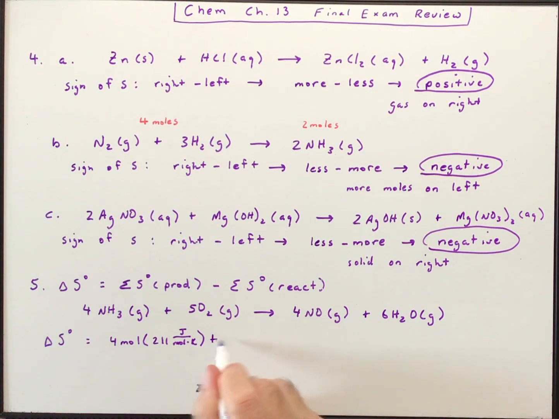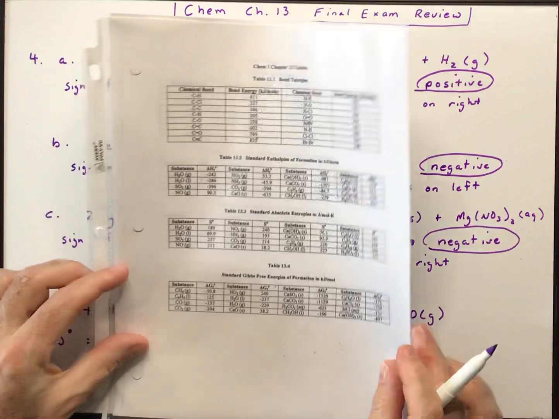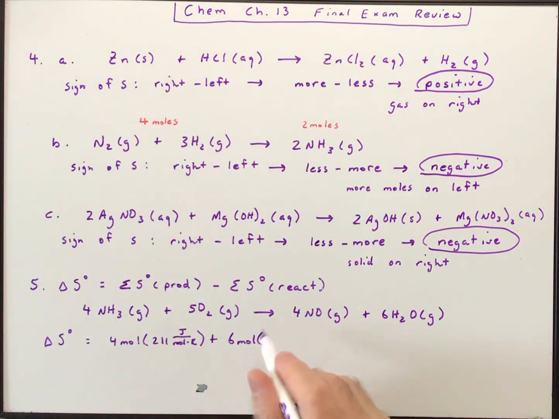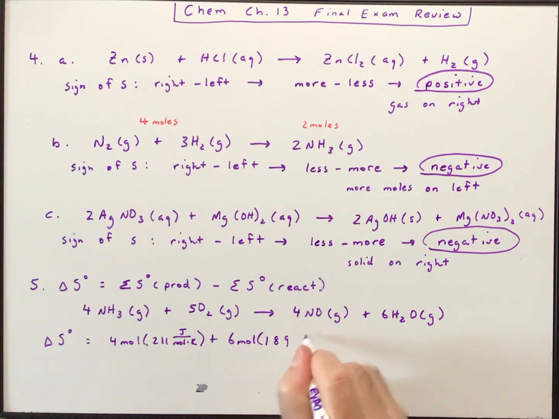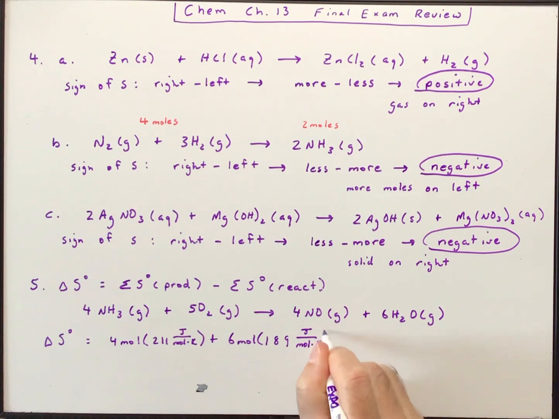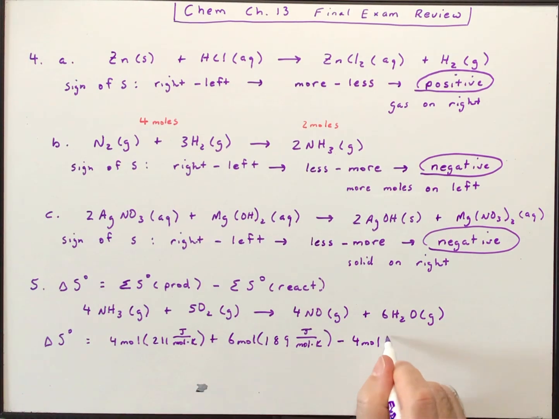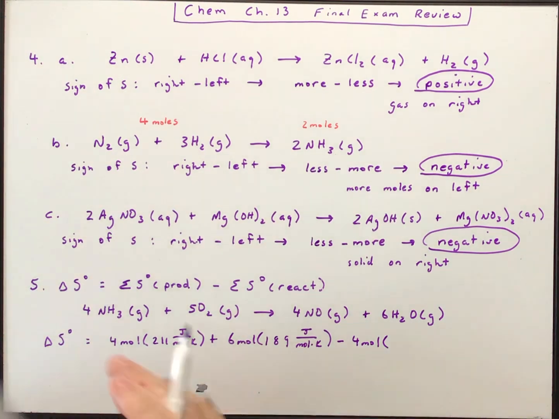Going to add to that 6 moles H2O gas. First one, 189. Then we're going to subtract out 4 moles. We're on the reactant side now.